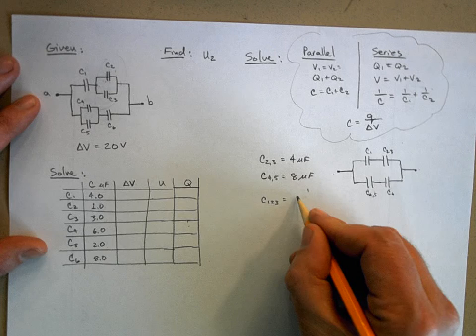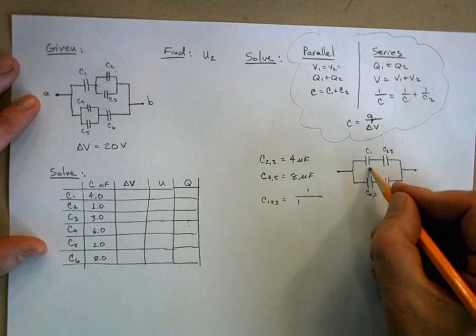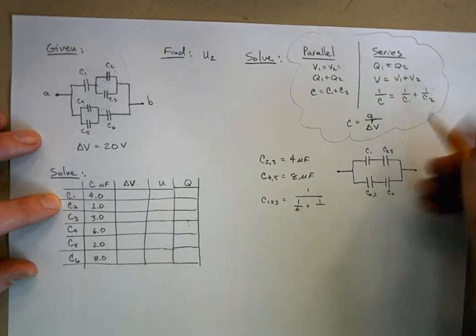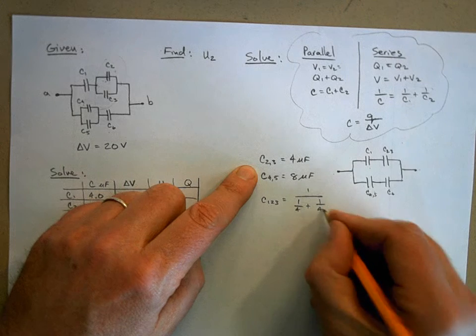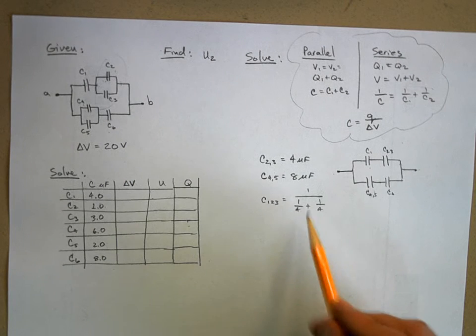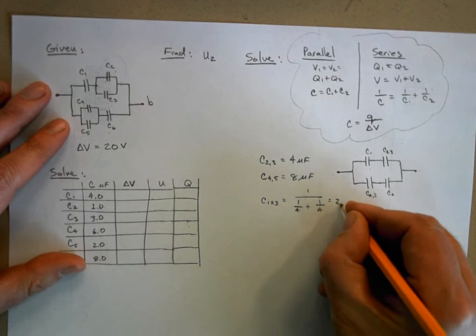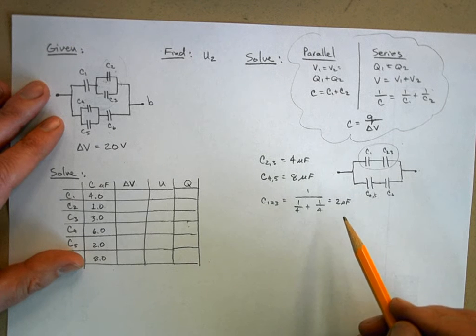I'll just go 1 over C1, which is 1 over 4, plus 1 over C2,3, which is 1 over 4. So that's 1/4 plus 1/4, that's 2/4. You flip it over, you get 4 over 2. So this is equal to 2 microfarads. So these guys right here is 2 microfarads.